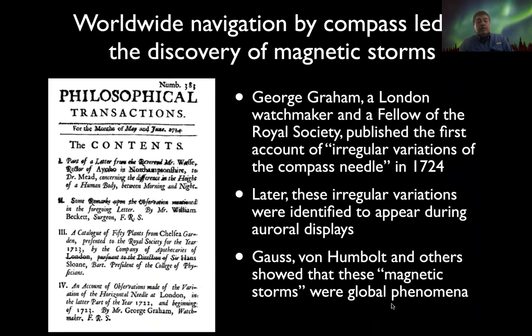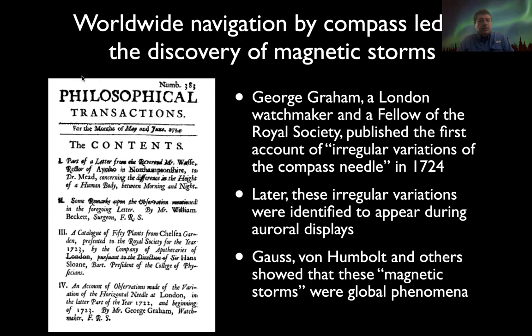Now, given that you had navigation by compass, and the fact that the north magnetic pole is not in the same place as the geographic pole, people started making maps of the difference of true north from where the compass needle was pointing, something called the declination.